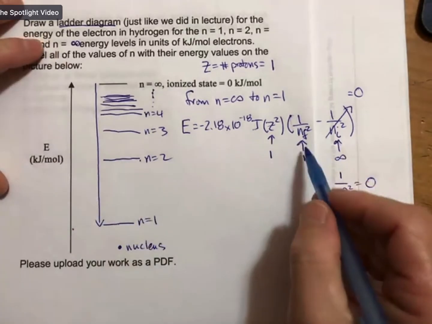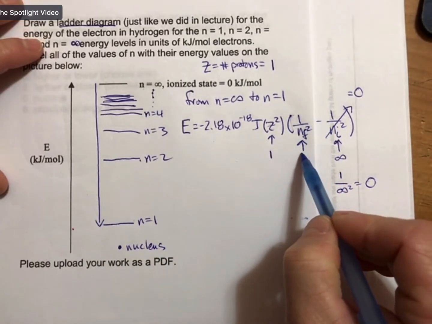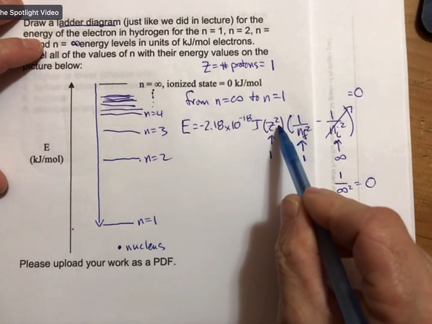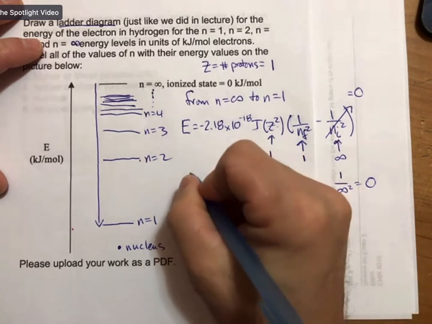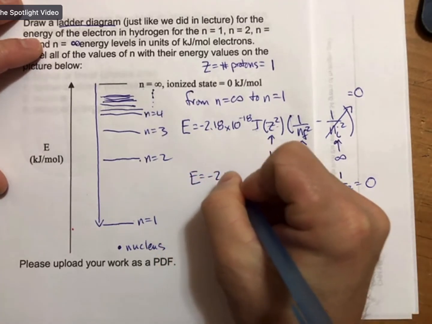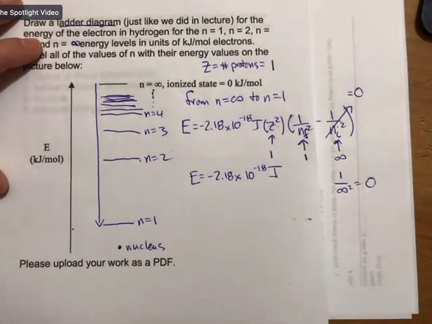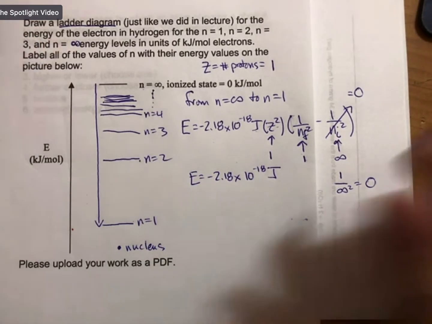Then I come over here, so it amounts to 1 over 1 squared, which is just 1, times 1 squared, which is also just 1. So my number here is just E equals minus 2.18 times 10 to the minus 18 joules. And I'm not done yet, but any questions so far?